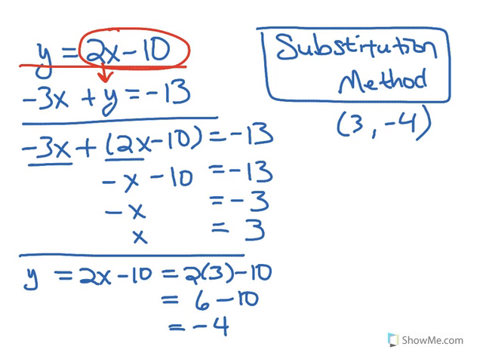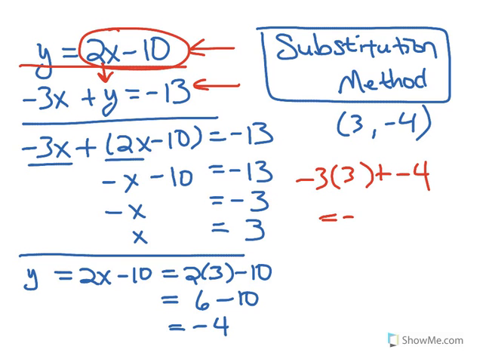Well, there's no need to put it back into the first equation, because that's where we got our final solution. We put 3 in and got negative 4. We know it's going to work in that equation. We should try our solution in the other equation and see if it works there. Well, we have negative 3 times 3 plus negative 4.